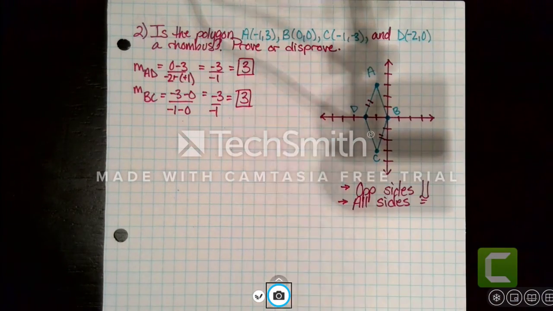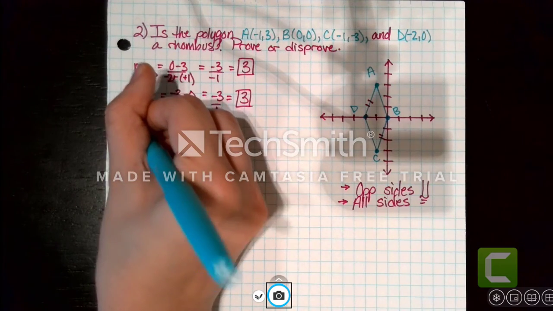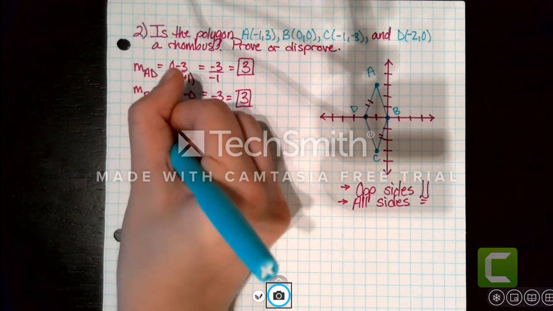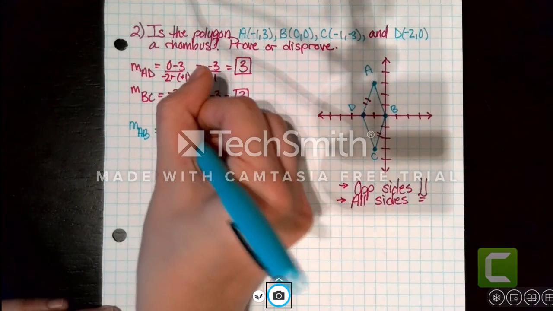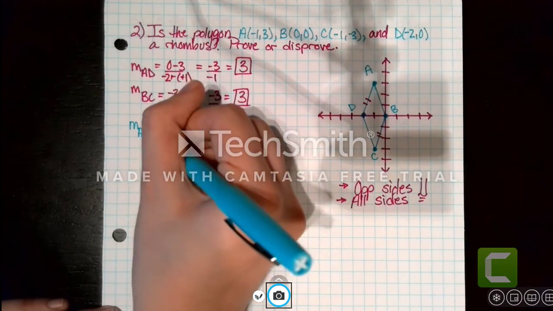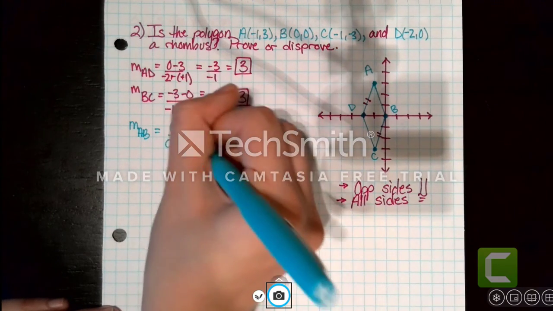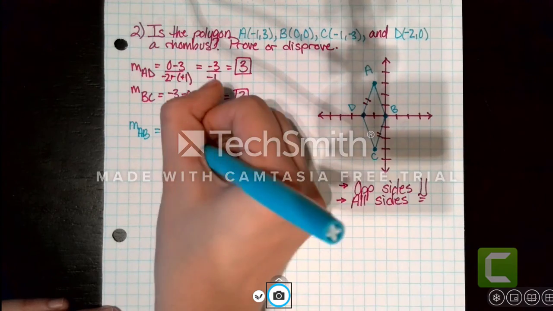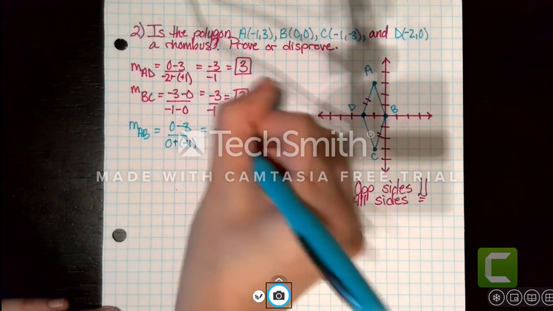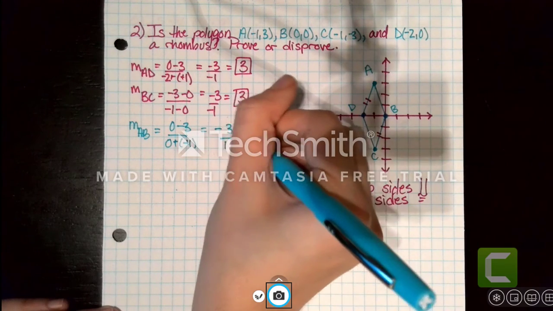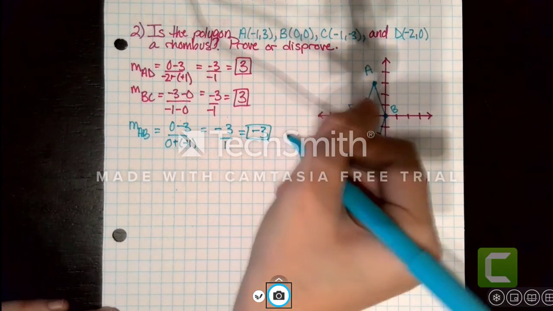Next, we have to find the slope of AB. Once more, we'll use the slope formula. So we'll use 0 minus 3 divided by 0 minus -1. The value you should have for your slope of AB is -3 over 1, or simply just -3.